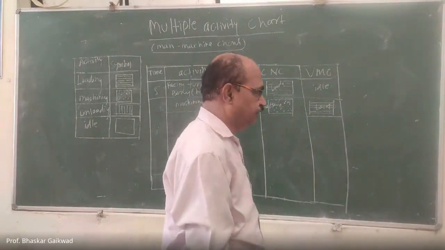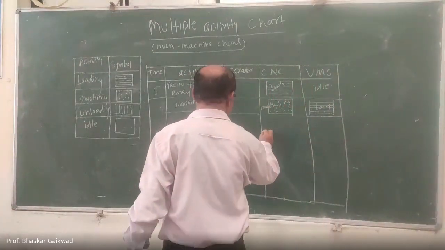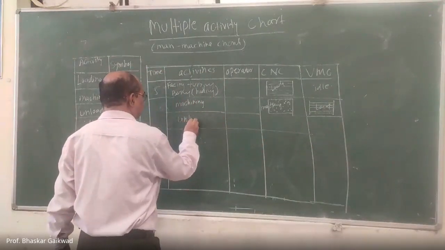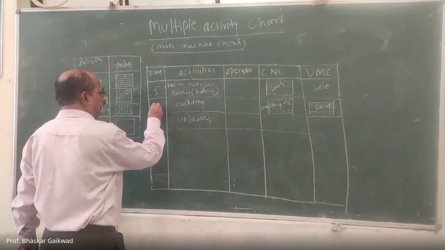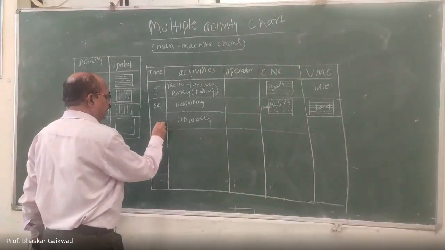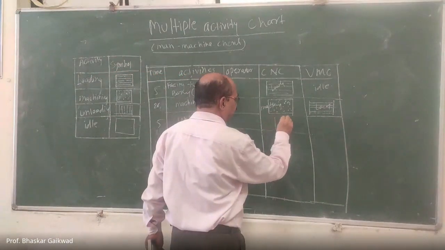Once the job gets loaded, our VMC machine is machining. Once the machining is over, then we have to go for unloading. So here we are unloading. Any time here we can write unloading, 5 minutes. What is the symbol of unloading? This one.